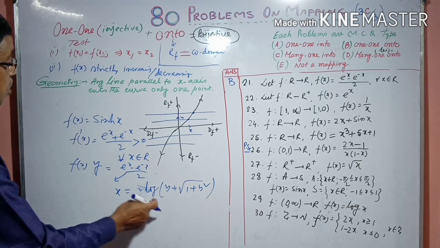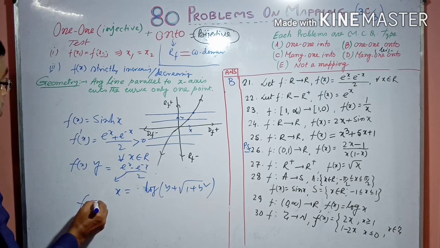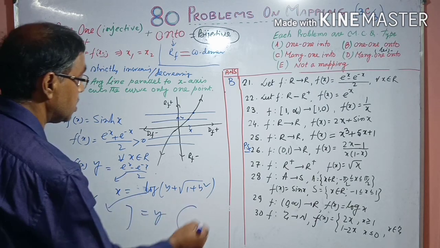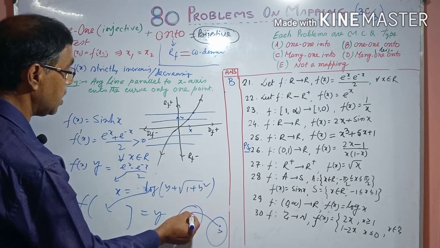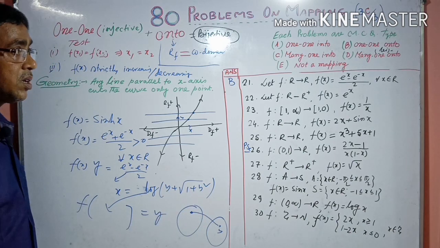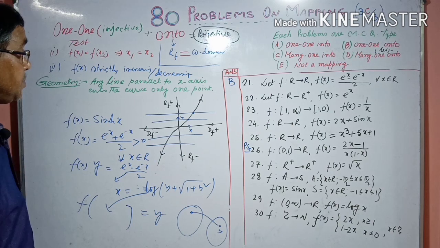For real values of y, this exists, that is f of this equals y. Thus for each y there must be a preimage, y plus root over 1 plus y square. So it is one-one and onto, that is bijective mapping.